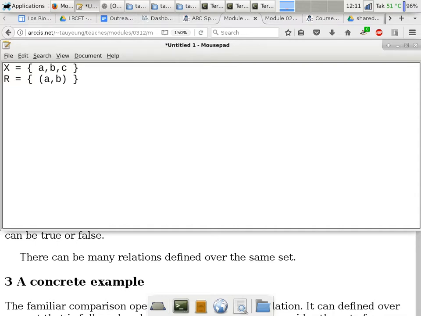But in this case, R cannot be a function, can it? It cannot be a function because what about B and C in the domain? It's not mapping anything to the codomain. But as a relation, that is not a requirement. You do not have to make every element relate to something. So this is perfectly okay as a relation.